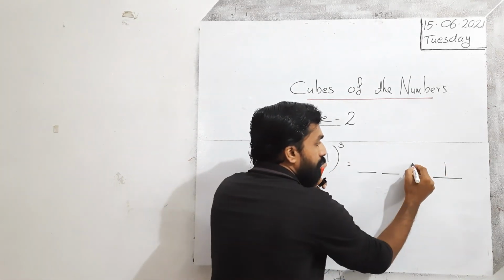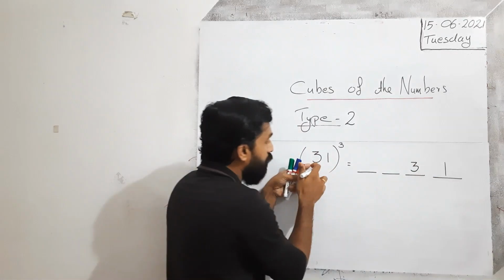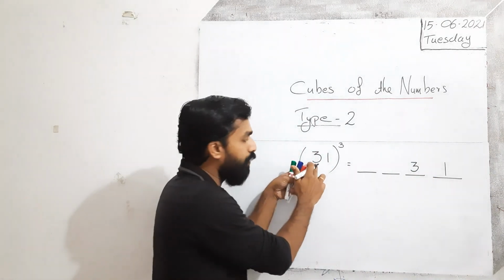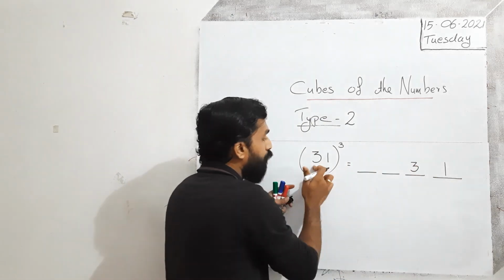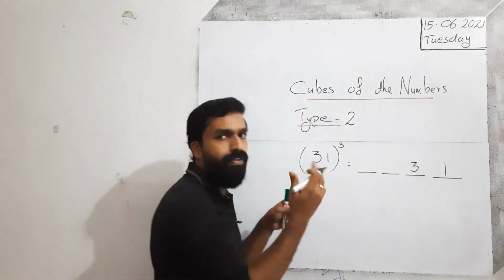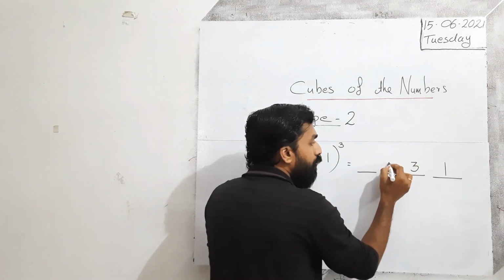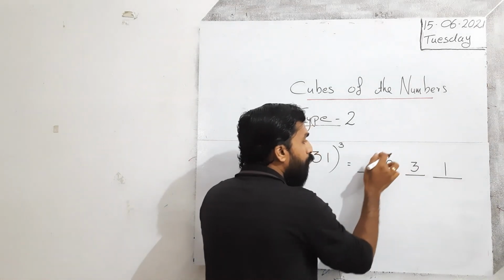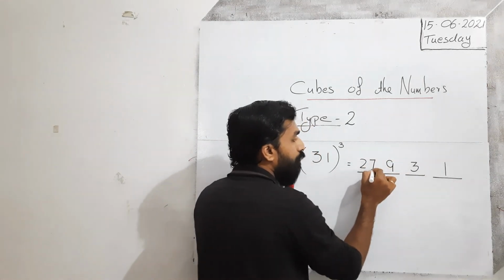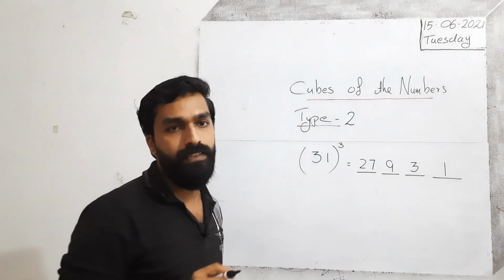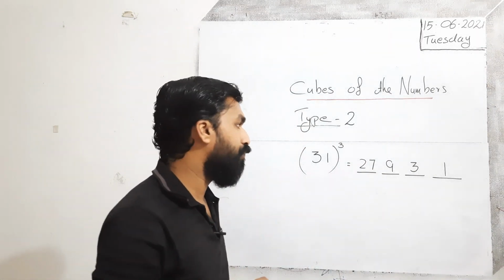Then in the next place you write 3. If it is 41, you write 1 and 4; if 51, then 1 and 5. Same step: next the square of 3, which is 9, and the cube of 3, which is 27. This is the only change, a simple method.